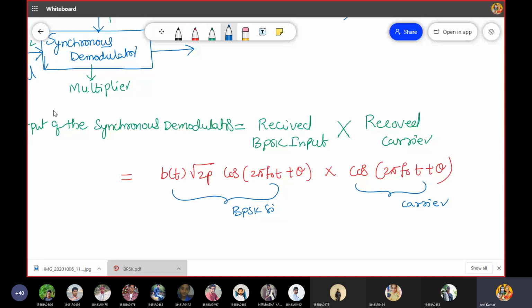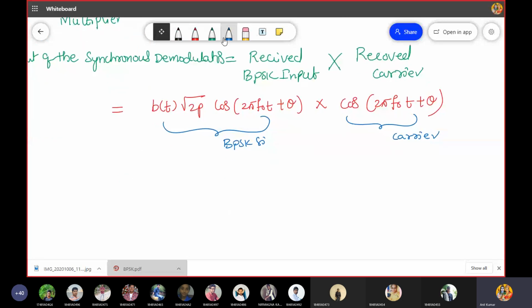Okay, so what about the output of this one? The output of this one is equal to B of t into root 2P. Here, cos into cos is cos square 2 pi f naught t plus theta.